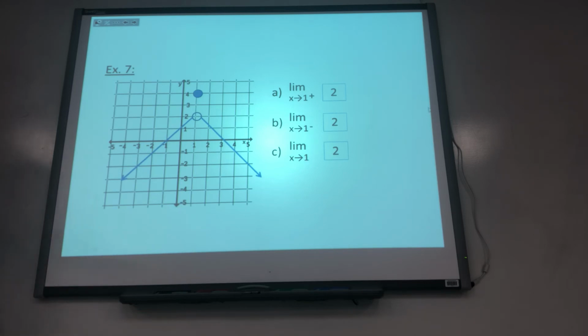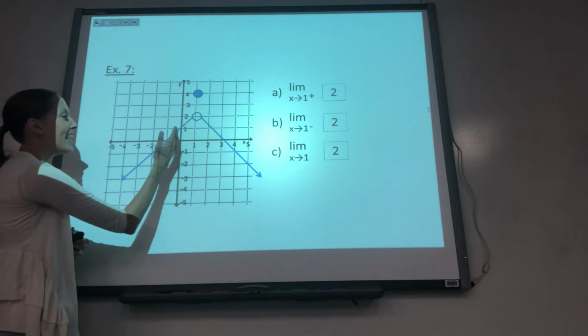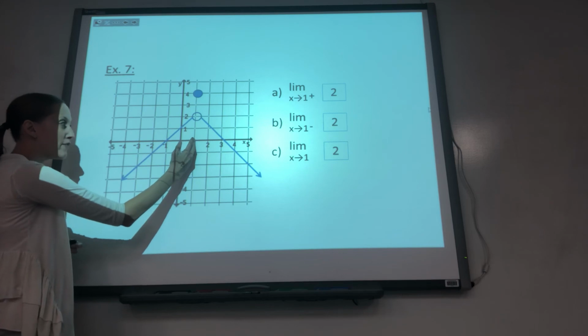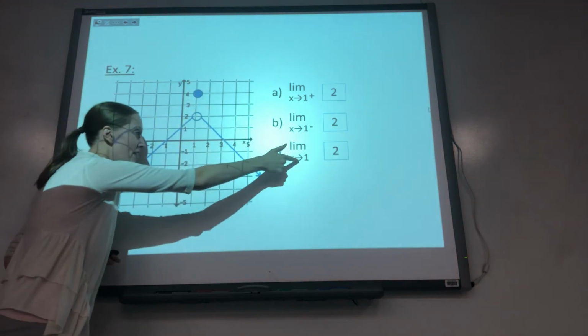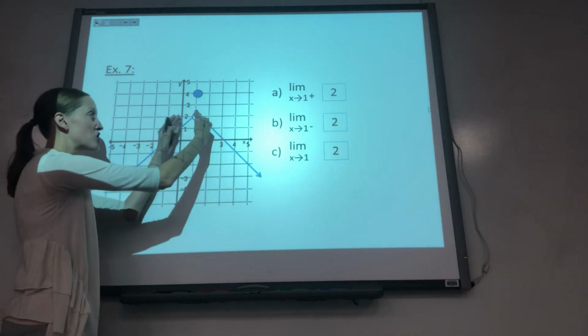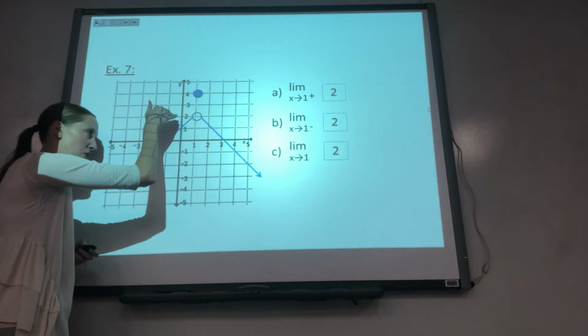Okay, now we have 3 conditions. And it's not continuous everywhere, I'll just tell you that much. Which condition fails, do you think? Condition 1, 2, or 3? I would say, yeah, 3. The f of 1 is defined. F of 1 is 4. But the limit as x approaches 1 is 2.